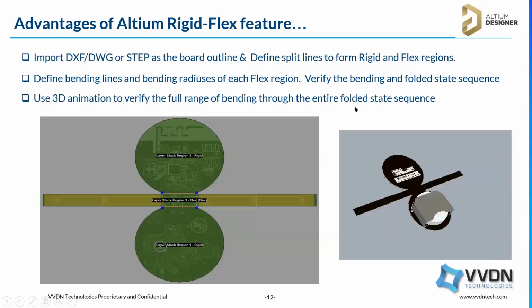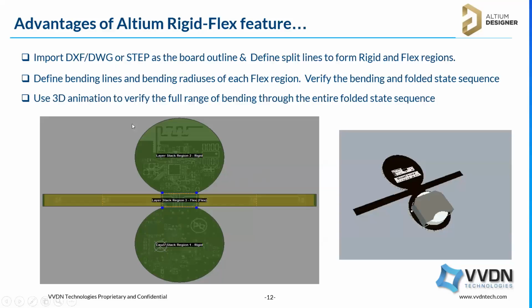Another advantage is that we can directly import a DXF file, DWG file, or STEP file. If you import a DXF or DWG file, we can create our board outline. Once you provide the board outline, we can create the board from the defined board shape, move to our board planning view, and define split lines between rigid and flex regions.